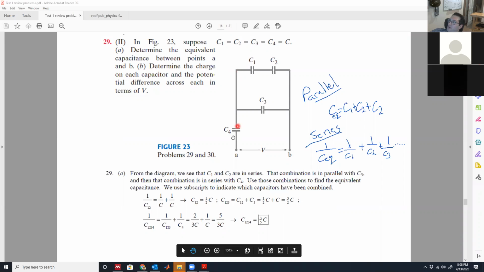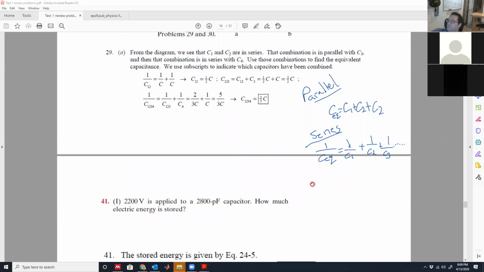And finally, we combine those three with the fourth one, which is in series. We add it up accordingly. We do that, which is the same as resistors, just that what you do for series and parallel are switched, right? For capacitance, you add them up for parallel. For series, you add up the reciprocals.